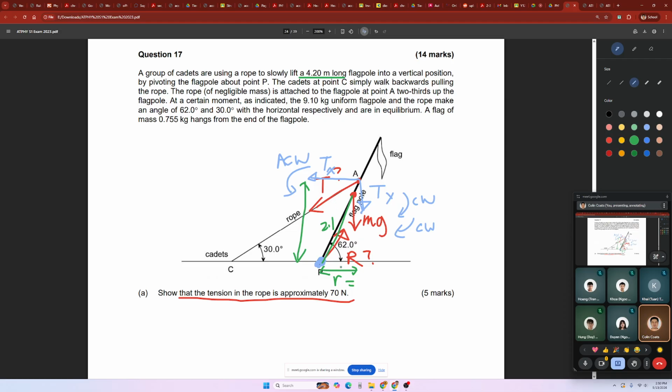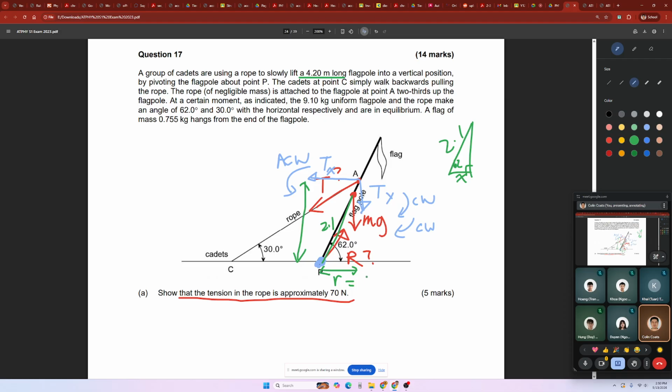And we really want to know this part of the triangle it creates. So we know this is 2.1, we know that angle is 62, and we want to find this distance here. So what we have is a right angle triangle. We have the hypotenuse, and we want to find the adjacent side. So what do we use?